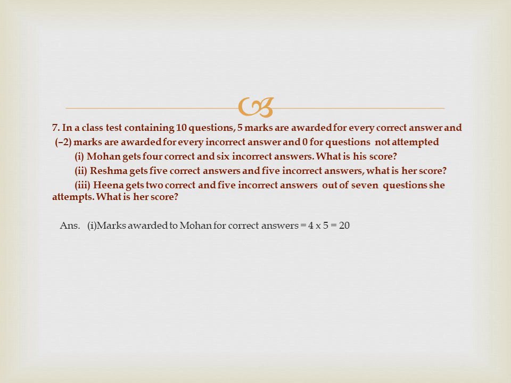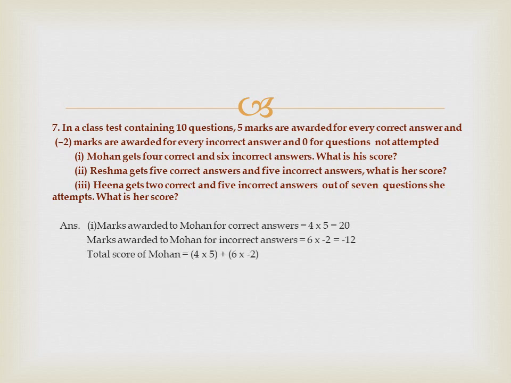But how many incorrect answers did he attempt? Marks awarded to Mohan for incorrect answers is equal to 6 into negative 2. 6 incorrect answers he also made. Therefore, marks for incorrect answers is equal to 6 into negative 2, that is equal to negative 12.